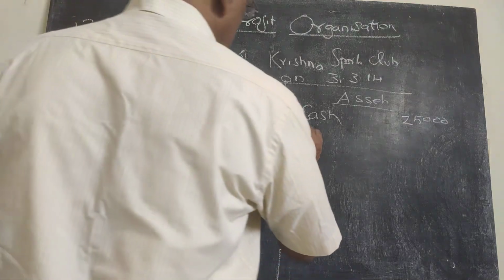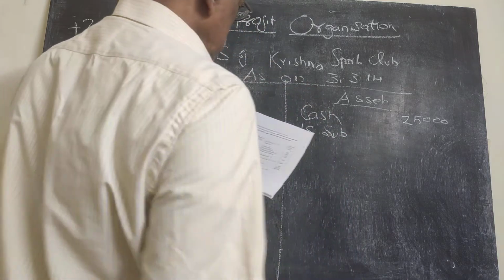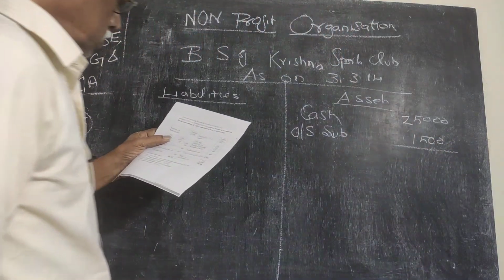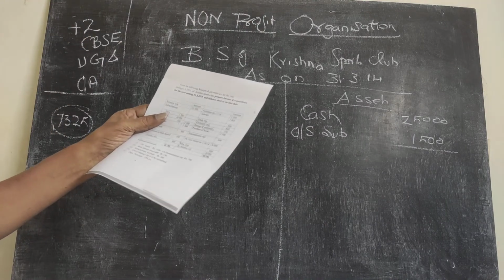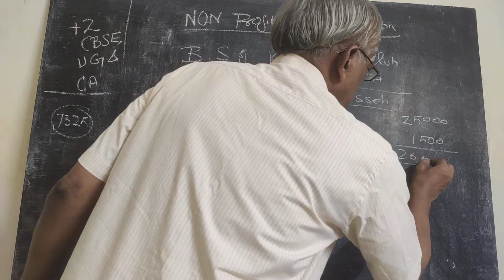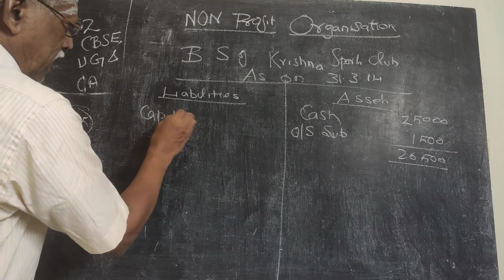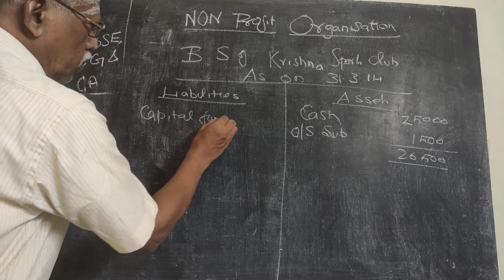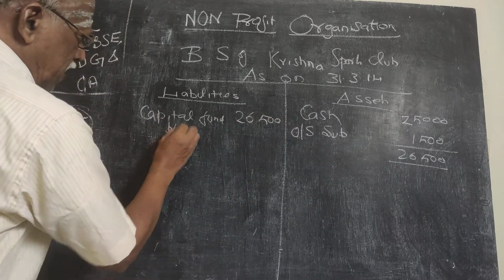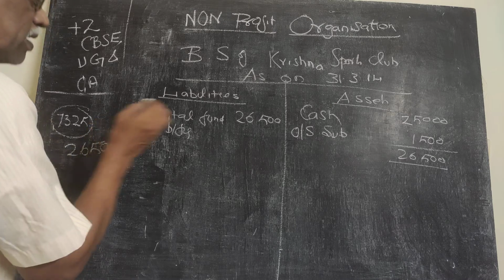Therefore, it was outstanding one. Outstanding subscription for the year 2014. No other particulars given. Therefore, we can take this as the final one, and find out the capital fund as the balancing figure, 26,500. That is the balancing figure. So opening capital fund is 26,500.